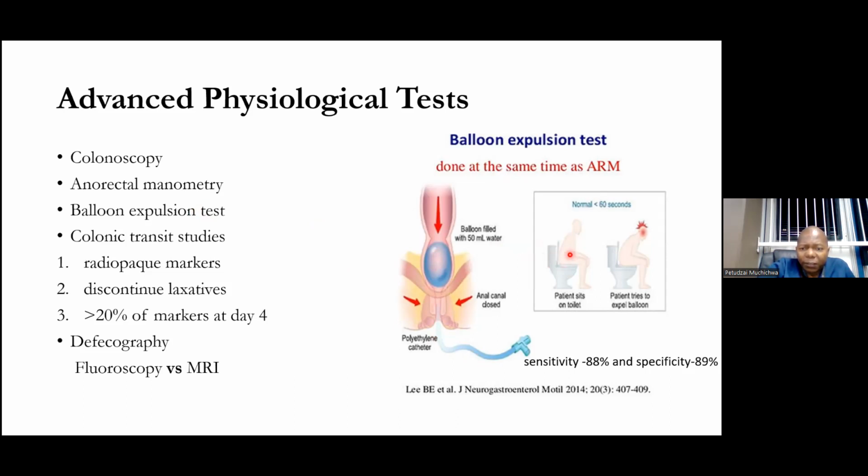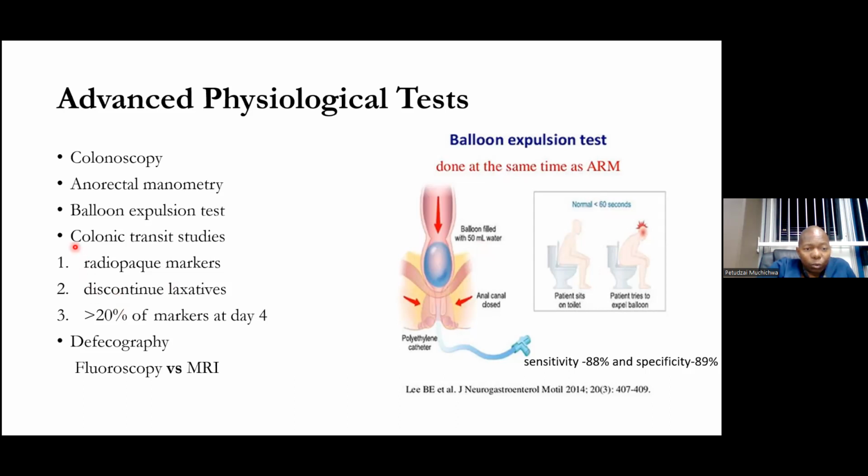We expect the patients to expel the balloon within 60 seconds. Above 60 seconds, we call the balloon expulsion time prolonged. And this has a sensitivity and specificity of 88 and 89% in detecting dyssynergia.